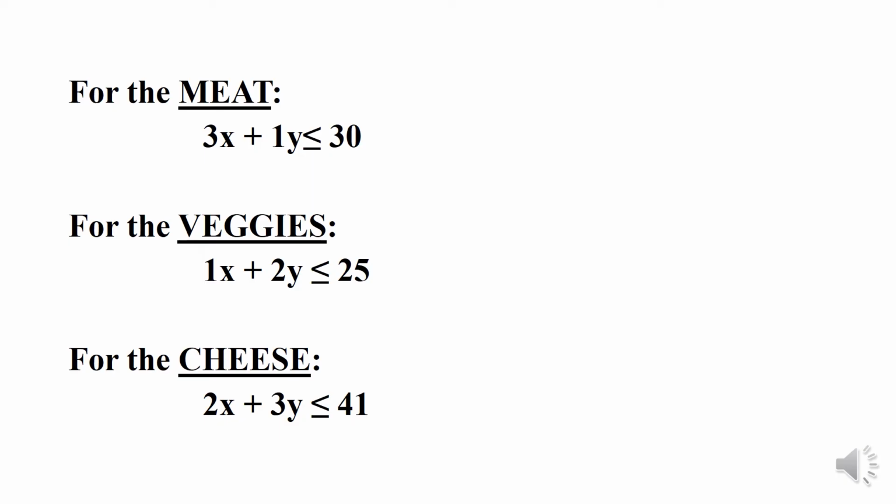This is the total number of veggies available. And lastly, for the cheese, we have 2x plus 3y equal to or lesser than 41, the total number of cheese.